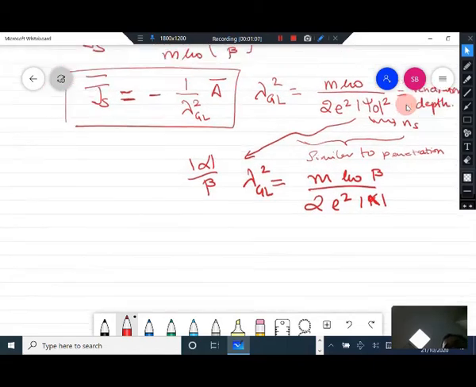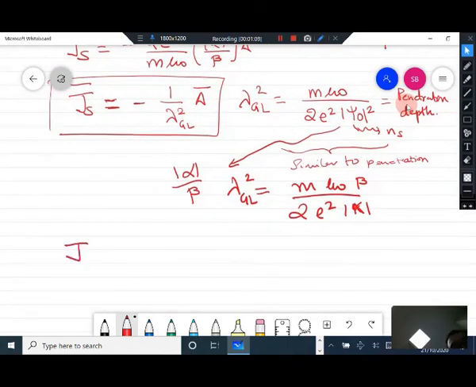Okay, and if you look at this expression, Js is minus 1 by lambda GL the whole square times the vector potential.